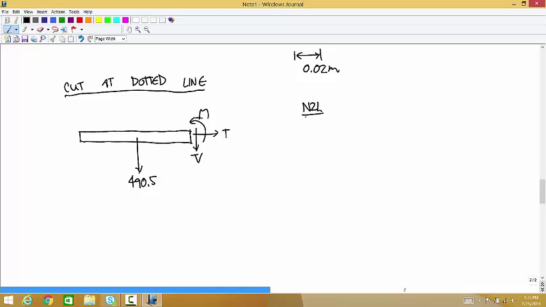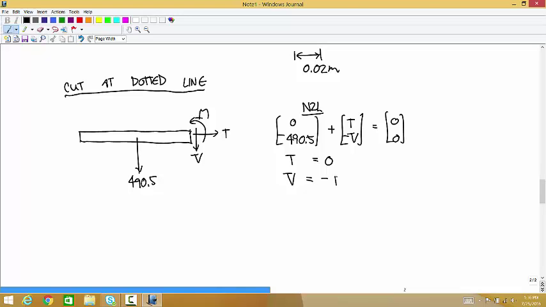So Newton's second law says 0, negative 490.5, plus T, negative V, is equal to zeros. So T is equal to 0. V is equal to negative 490.5.